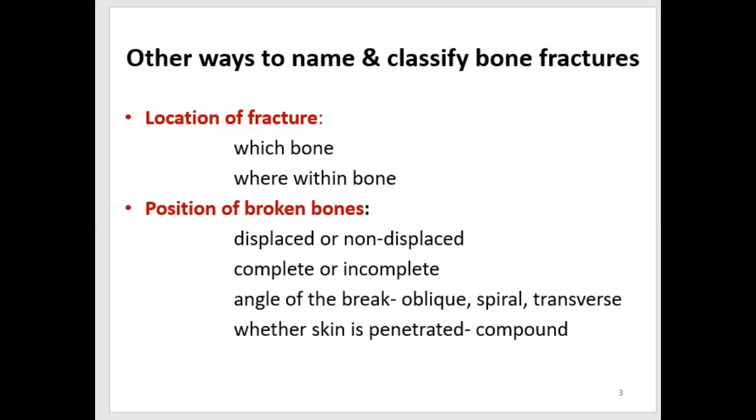For example, the broken bits might still be together, not displaced, so that healing would happen better. We'll look at what all these different things mean, but different ways to name a bone fracture based on position of the broken ends would be displaced or non-displaced.